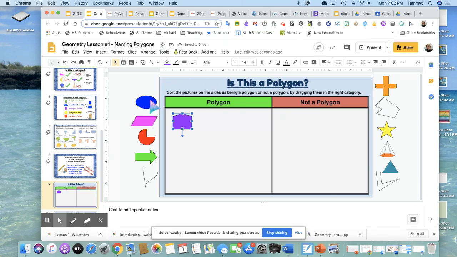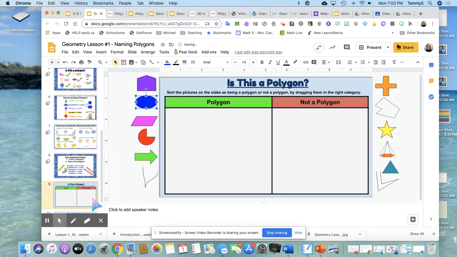Now you take a look at this example here. This is not a polygon because it does not have straight sides. So you would click on this oval and drag it over to not a polygon. You would keep going and do that for the rest of these figures. So I'm just going to put these back over here.